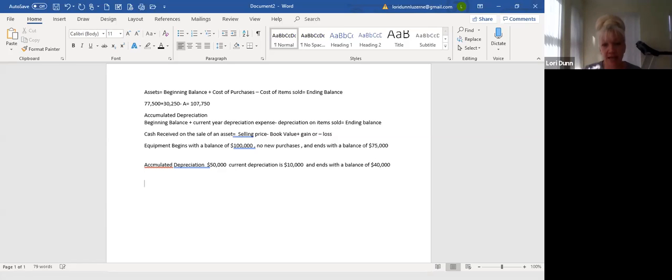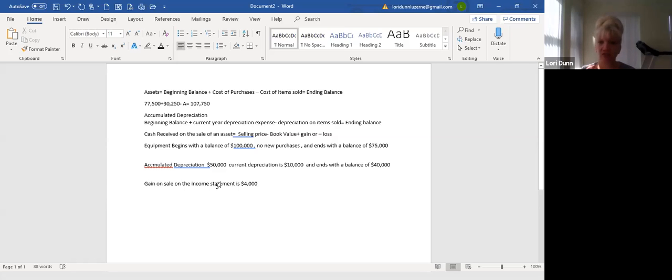The gain on sale on the income statement is $4,000. So these items will all be known. You would need to know each one of these to do this type of calculation.